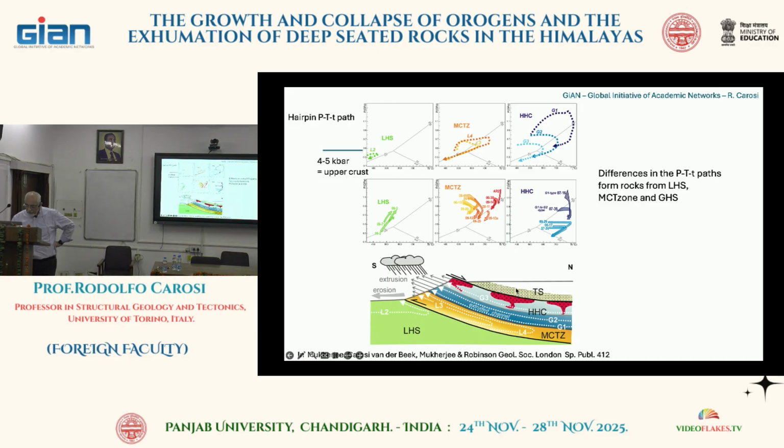And you can see here more or less the provenance of this PT path. The blue came from the Greater Himalayan sequence, the yellow-orange from the main central thrust zone, and the green from the lesser Himalayan sequence in this way.